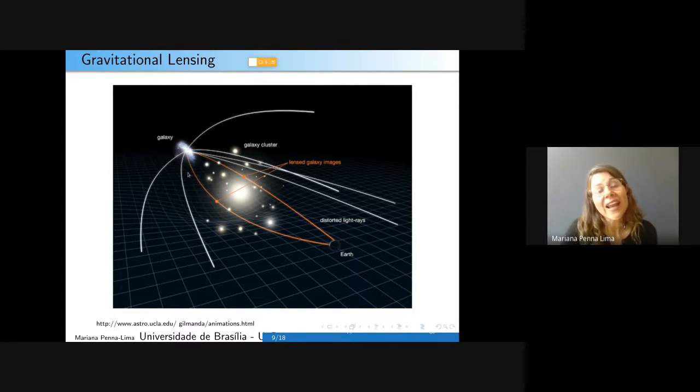So the light will travel, and the light rays that pass close to this galaxy cluster that is between the observer and the source are going to be distorted, and we are going to observe this background galaxy in a different position, okay, given this lensing effect.